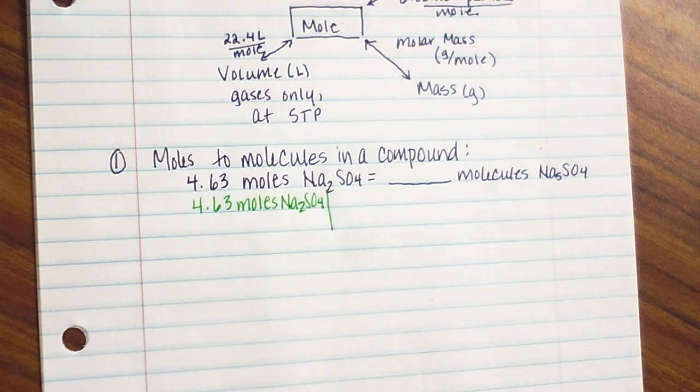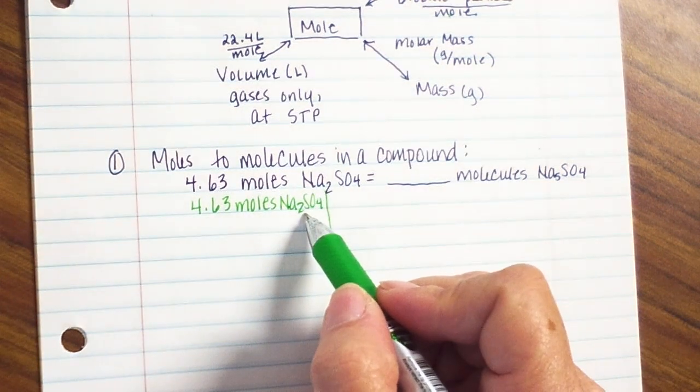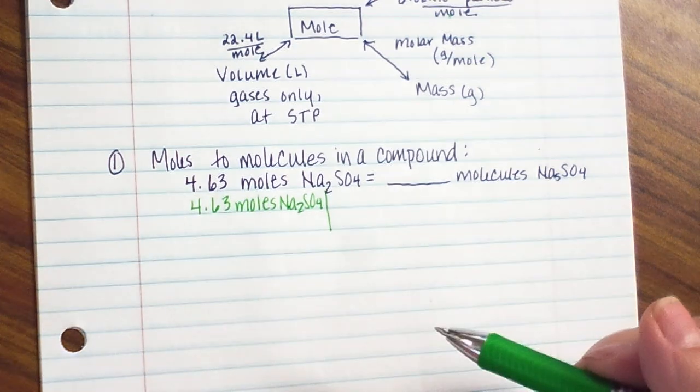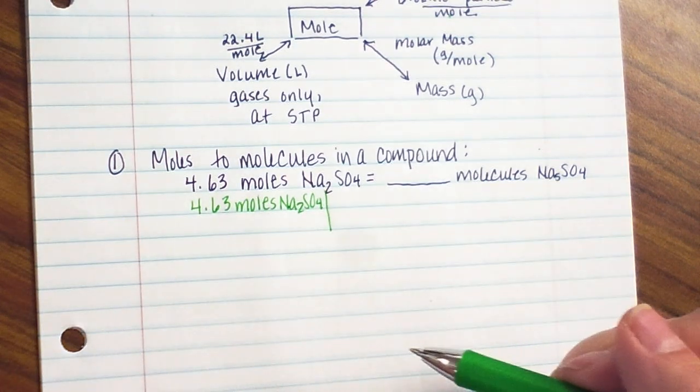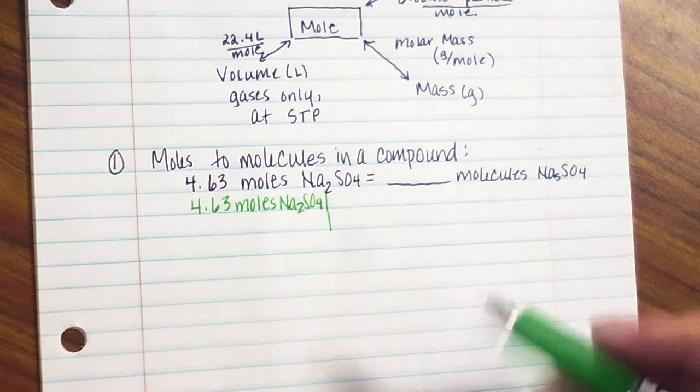The reason is because in the middle of the calculations, we're going to start changing compounds, and it's going to be super helpful to designate what compound we are working with, because you're going to go from moles of sodium sulfate to moles of sodium. You want to make sure that you're keeping track of it.